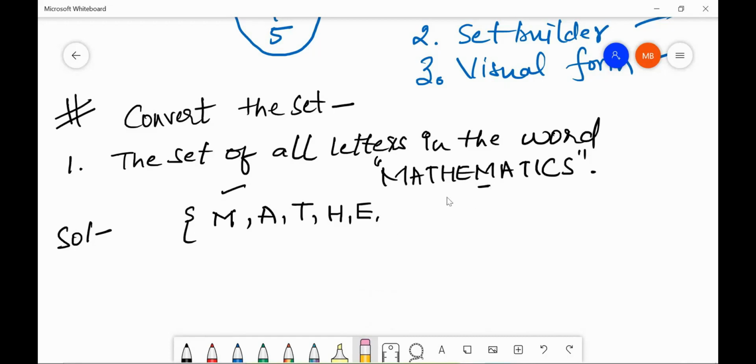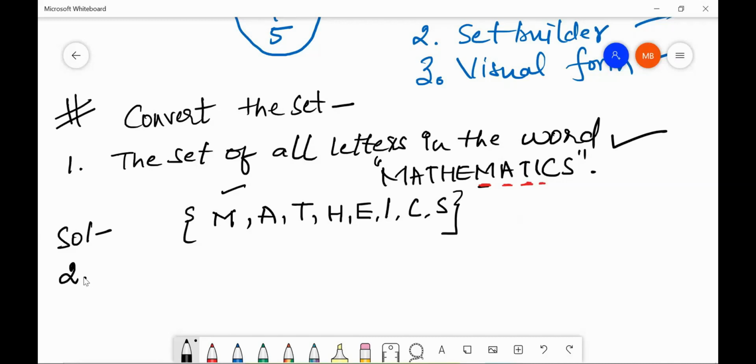So I cannot use M here. I cannot use A because I have used A. Can I use T? No, I have already used T. Can I use I? Yes. I can be used. C, yes, and S. So the roster form for the first question is {M, A, T, H, E, I, C, S}. So this is your answer.